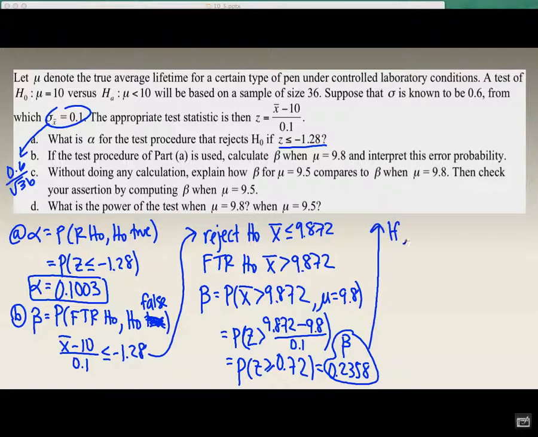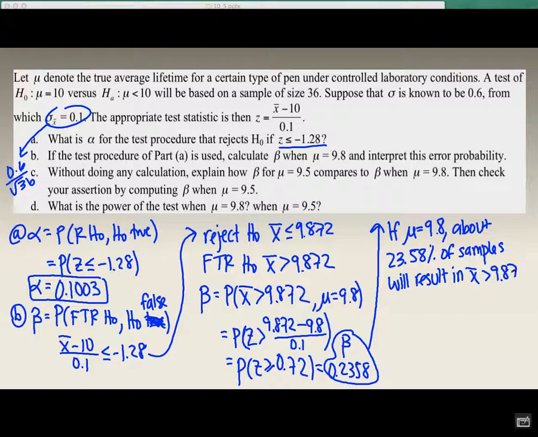So we're going to say if mu equals 9.8, about 23.58% of samples will result in sample means, or x bars, greater than 9.872, and failure to reject the null.